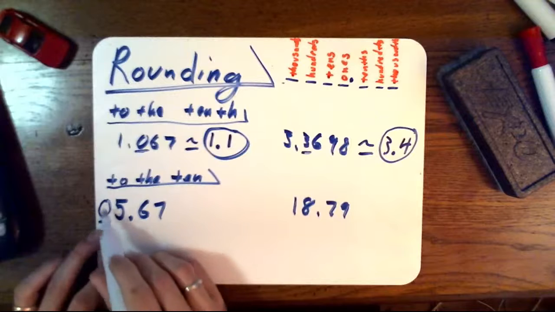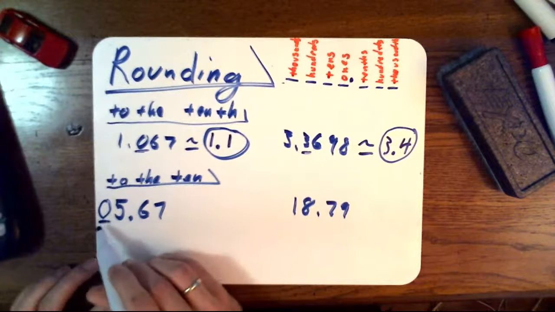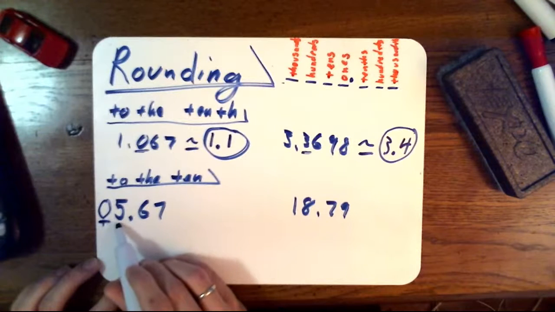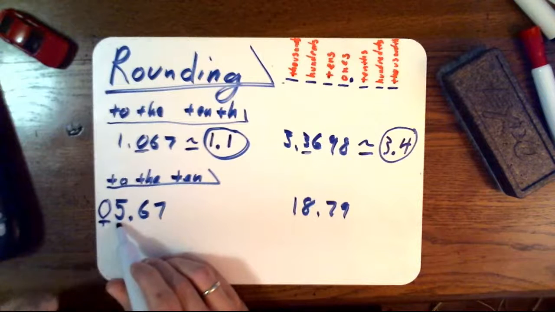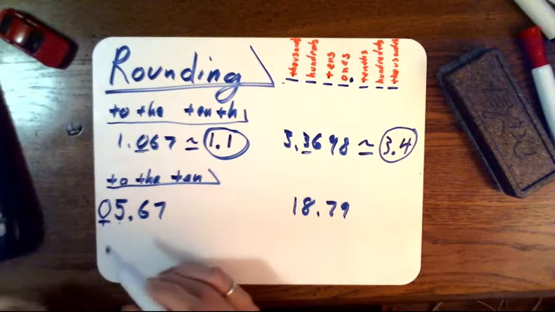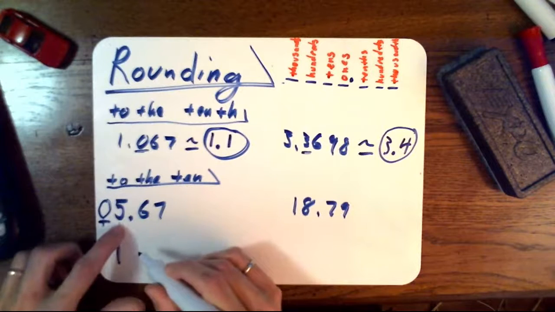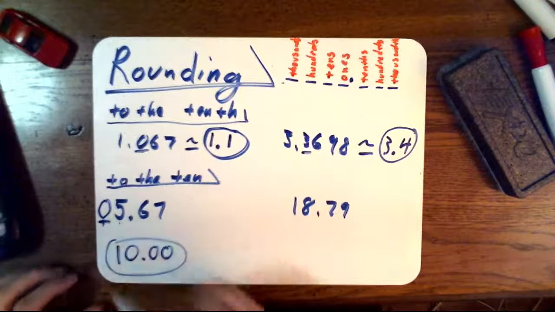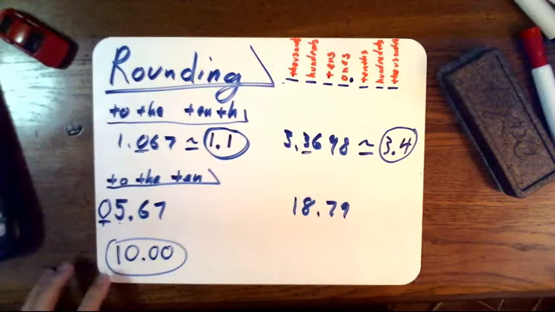How many tens do you have? Well, you don't even have 10 yet because you only have 5. But in order to round this position, you want to look to the next number to the right. This is a 5, meaning you're going to round up. So this rounds to a 1, and everything else changes to a 0. So rounding this to the nearest 10 actually becomes 10.